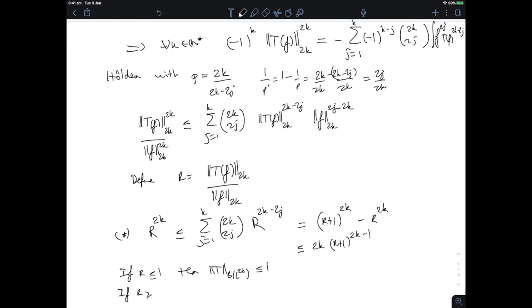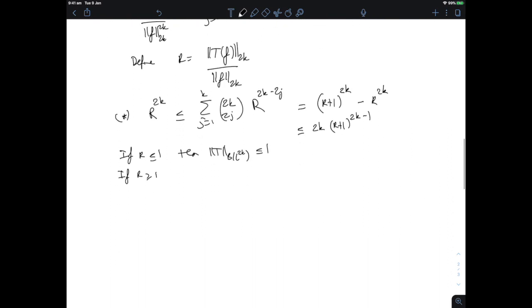And if R is large, then divide by R^{2k} on both sides of star, and you get R^{2k-1}, I would say, and you get that R is smaller than 2k times (1 plus 1 upon R) to the power 2k minus 1, which is below 2k times 2 to the power 2k minus 1.